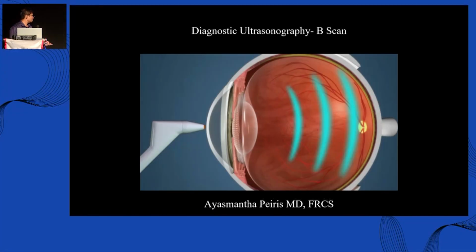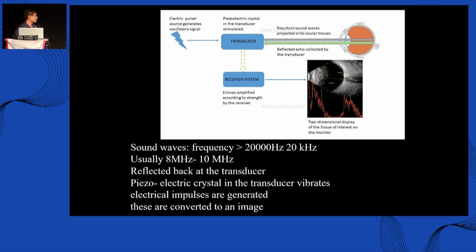So the B scan, and I'll be doing a little bit of A scan as well, just to understand the concept. What happens here is that you generate ultrasound, sounds that have a frequency of more than 20,000 hertz, and there are piezoelectric crystals, just like in a phaco probe, which vibrate.